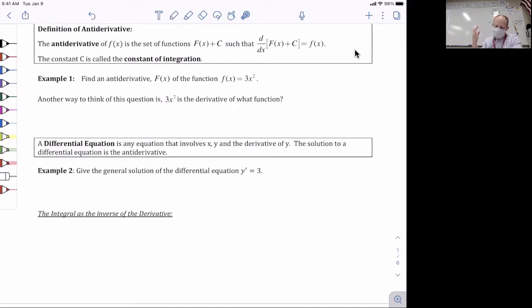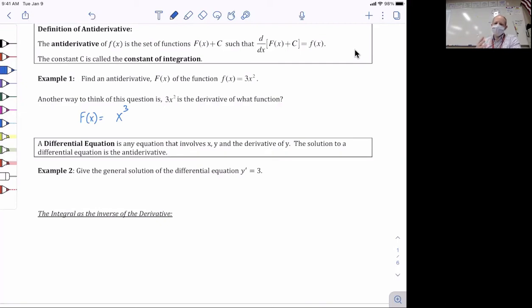So you just kind of have to think about it a little bit, and you got to think going backwards. Well, we know we always knock the power down 1, right? So if we're going to go backwards, well, let's increase that power up by 1. So we know the original function had to be some sort of x cubed function.